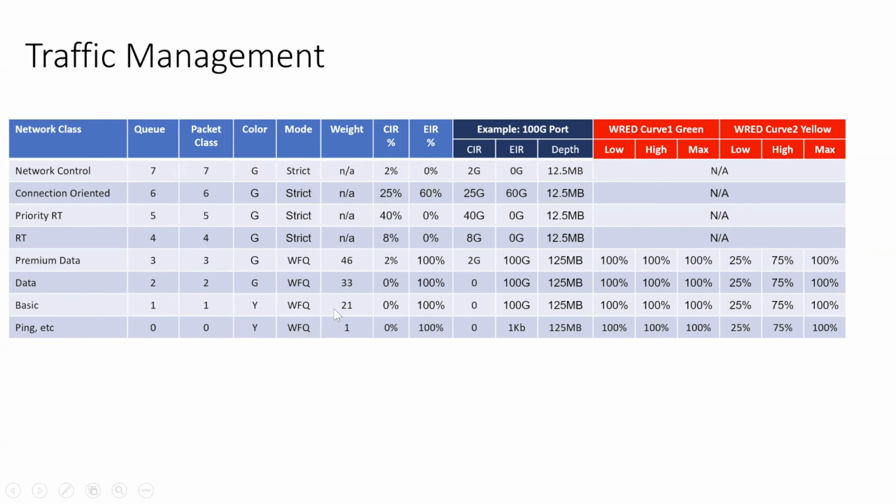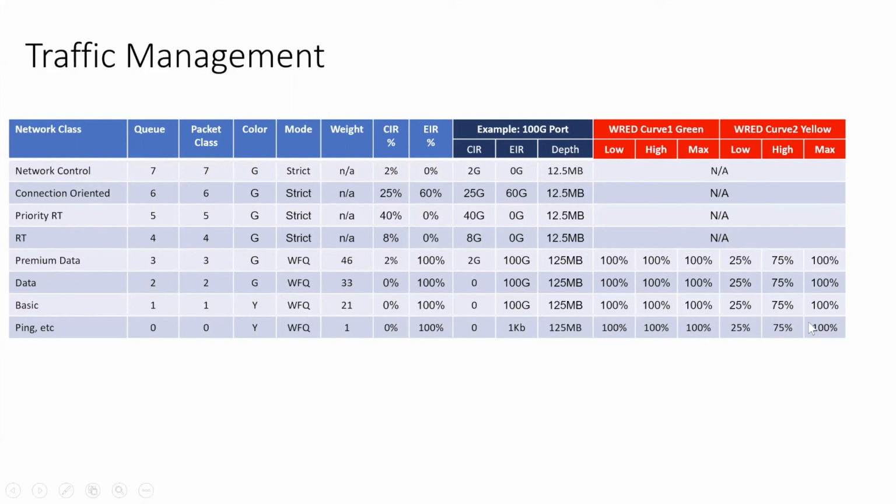Right now, this is our congestion avoidance. On the strict priorities, we're not running any WRED algorithm. And on the queues that are running weighted fair queuing, we don't have any green curve. Everything's set to 100%, so we're not throwing away any of the green traffic.